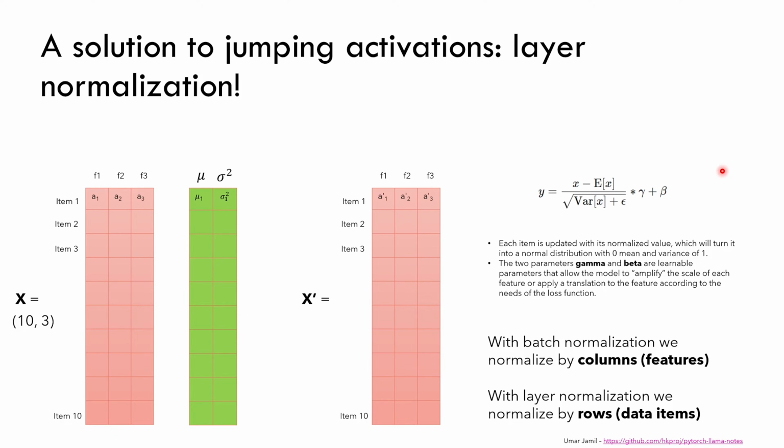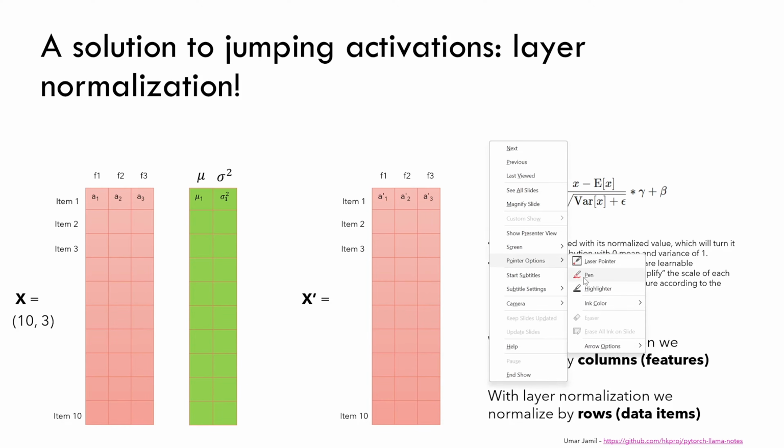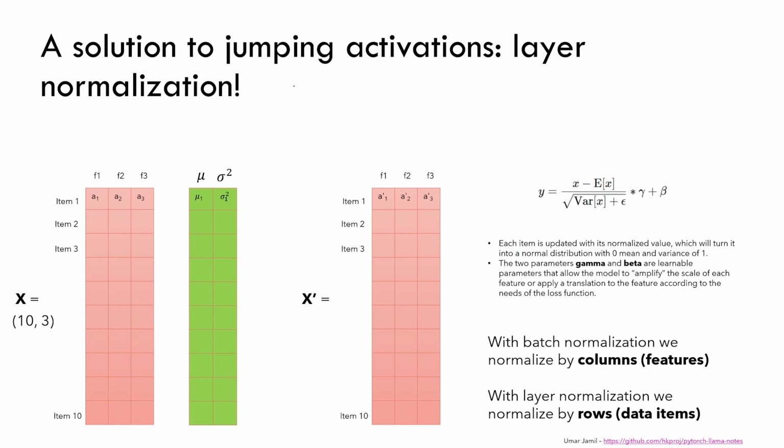This formula actually comes from probability and statistics. If you remember, let me use the pen. If we have a variable x which is distributed like a normal variable with a mean, let's say 5, and a variance of 36, and we do x minus its mean, so 5, divided by the square root of the variance, so 36, this variable, let's call it z, will be distributed like N(0,1).